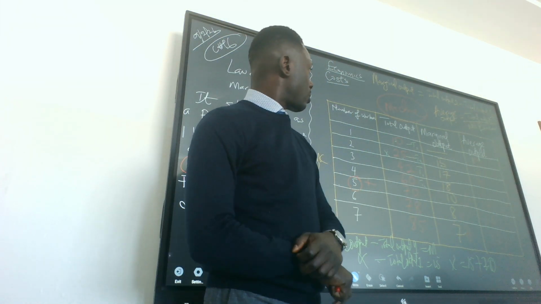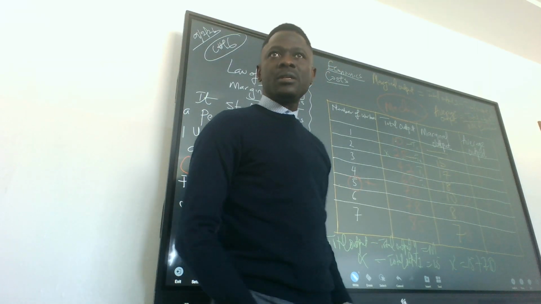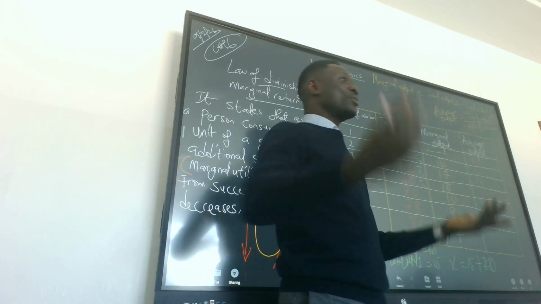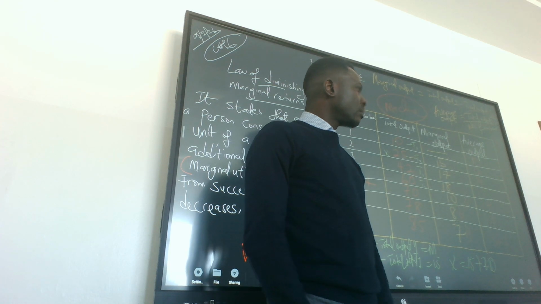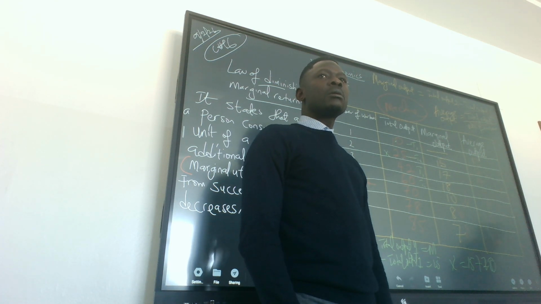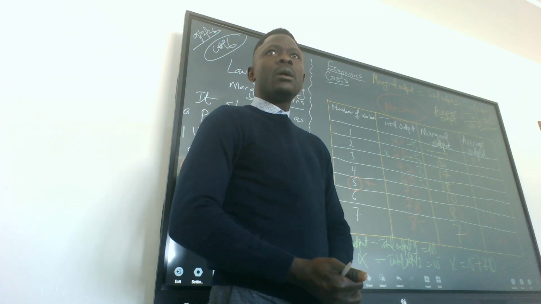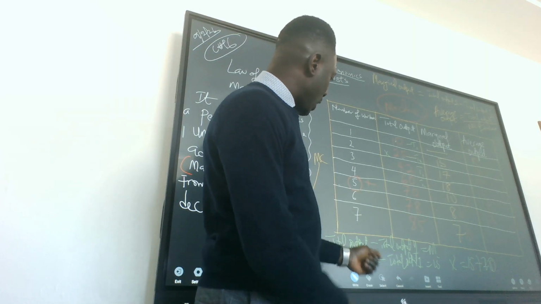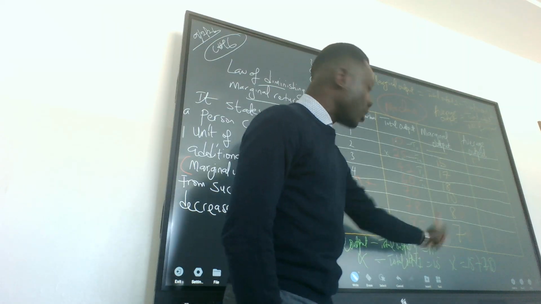Total output will be given, and if it's not, you will be given the marginal output. Total output 2 minus total output 1 gives us marginal output.